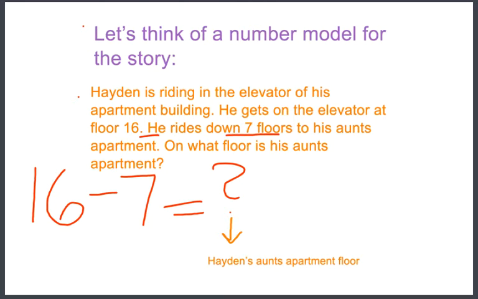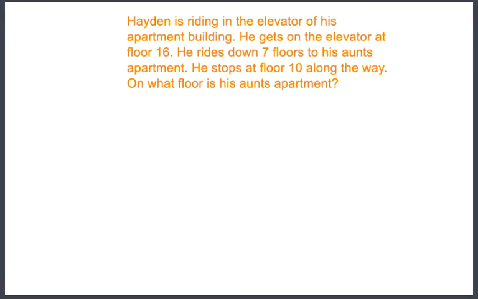So, I am going to repeat this same number story, but with additional information. That means I am going to add information to the number story. Ready? Here we go. Hayden is riding in the elevator of his apartment building.